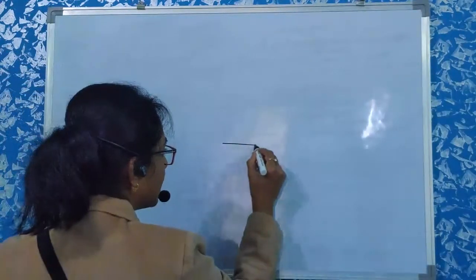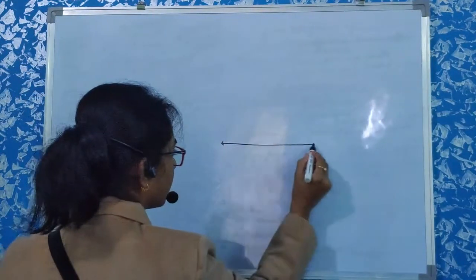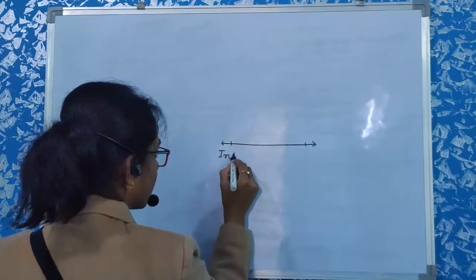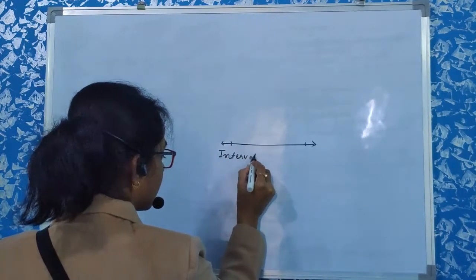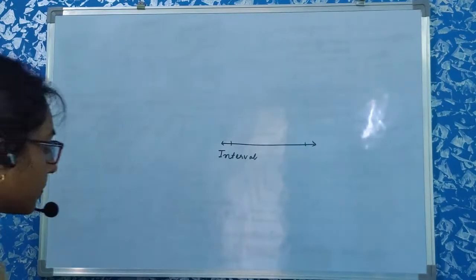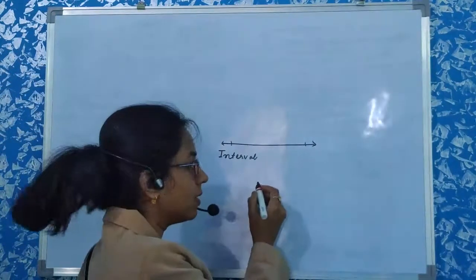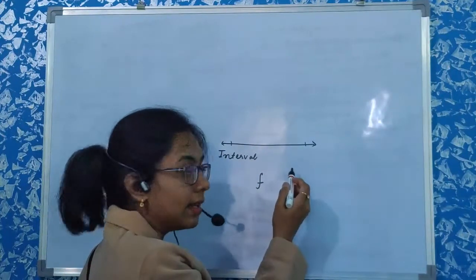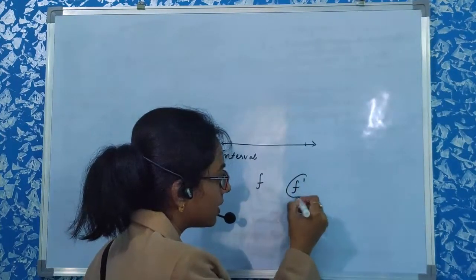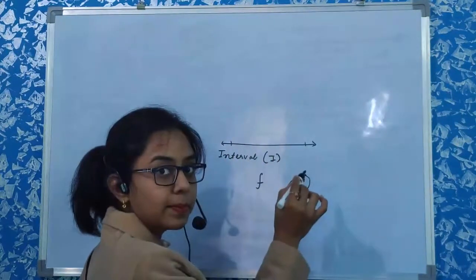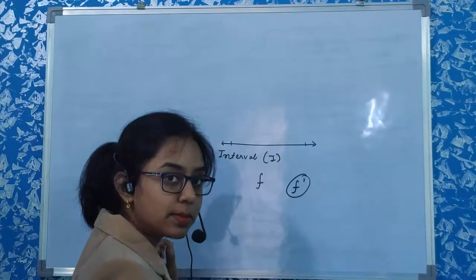Now suppose this is an interval. If a function f is differentiable in this interval, then f dash exists at every point of I. But what about the reverse process?